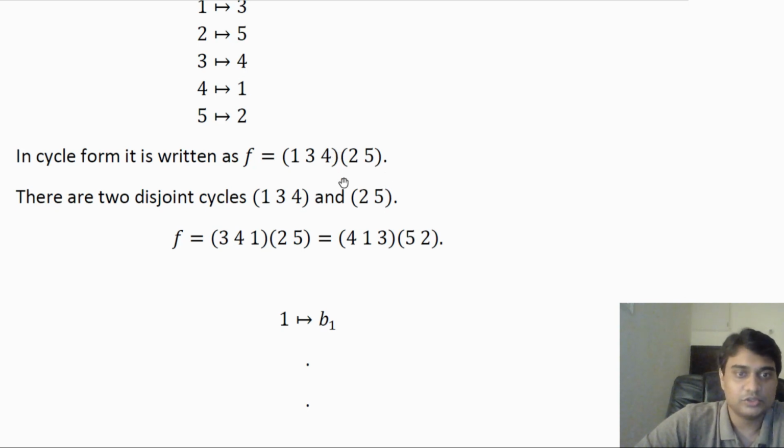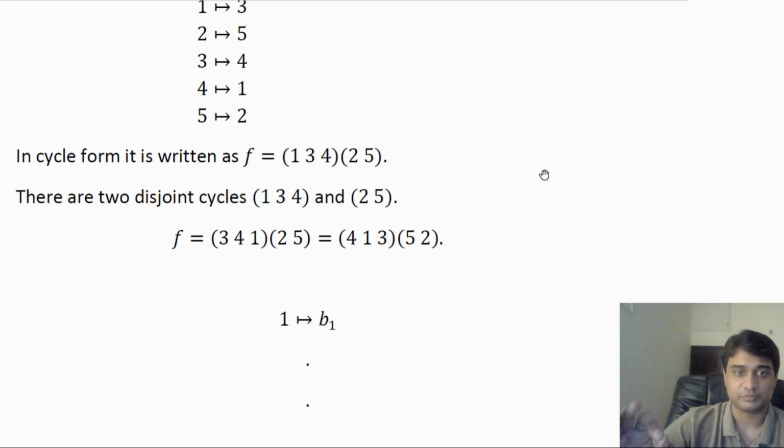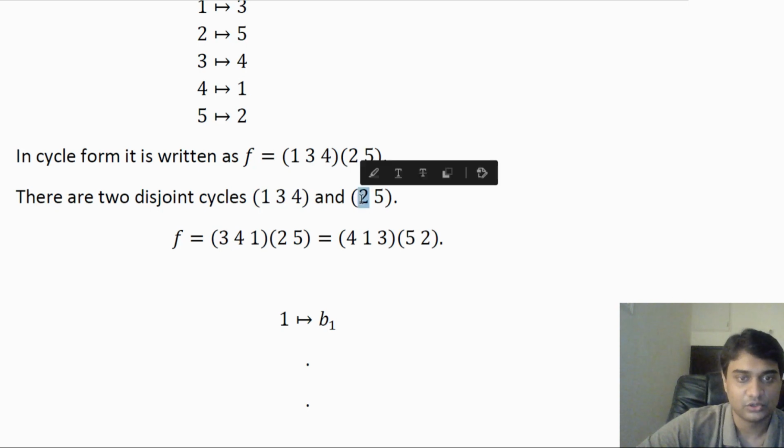And also, which cycle to write first. We can also write (2 5) and then (1 3 4), first (2 5) and then followed by (1 3 4). But that will not be the standard way, because the cycle whose first entry is the smaller one appears first. So consider these two disjoint cycles (1 3 4) and (2 5) here.